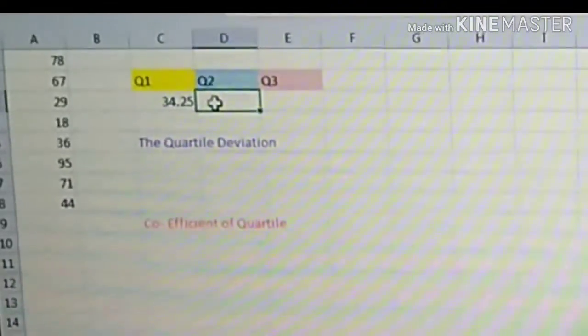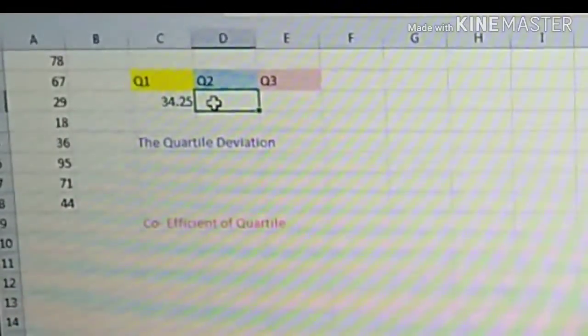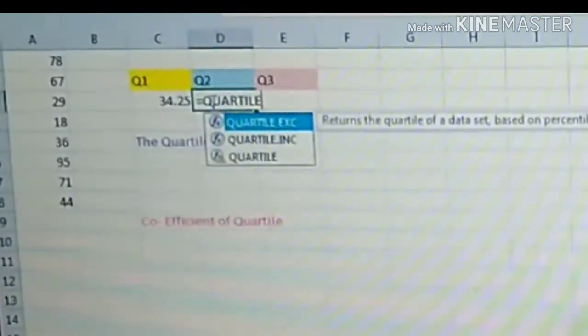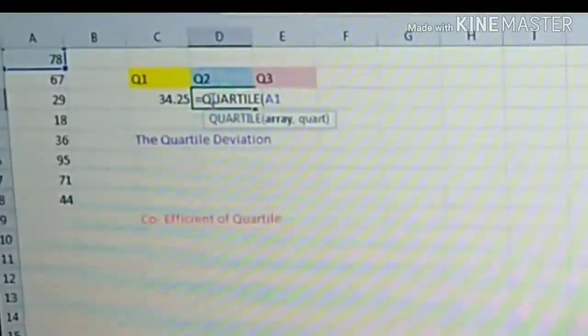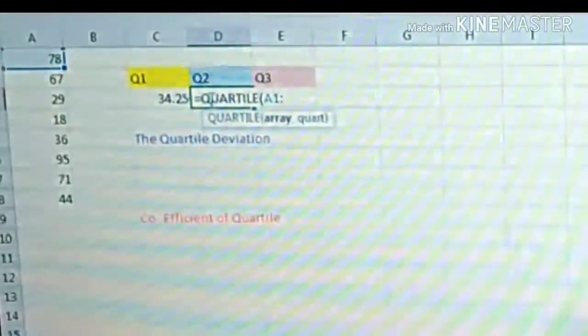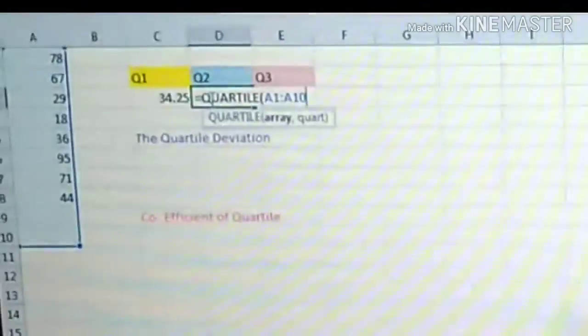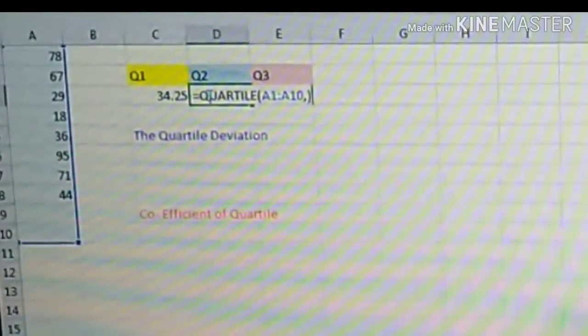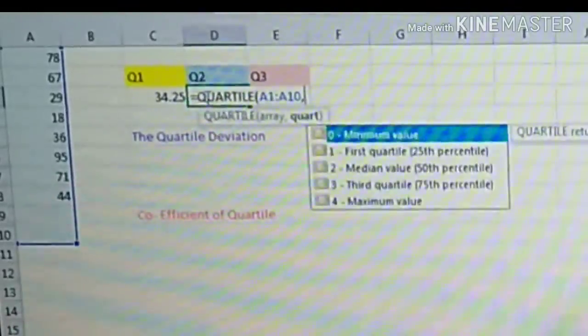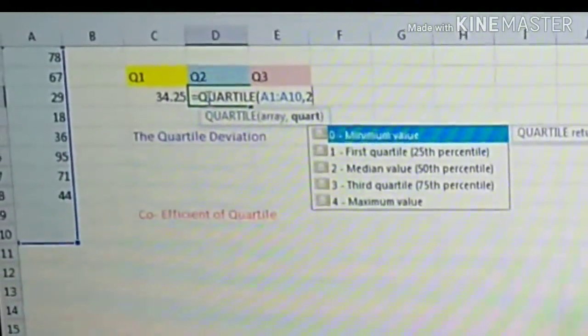Next, same formula for quartile 2. Input equals QUARTILE, open parenthesis, A1 to A10, comma 2, then close parenthesis, then enter.